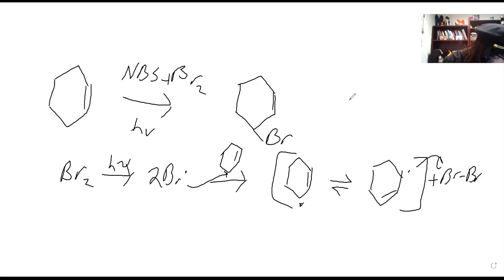So make a product. And of course, HBr, which is the byproduct of one of the first steps, can then mix with NBS to form more Br2.